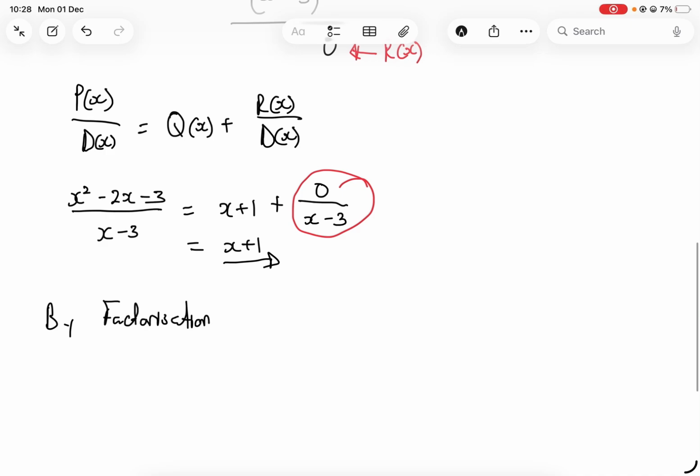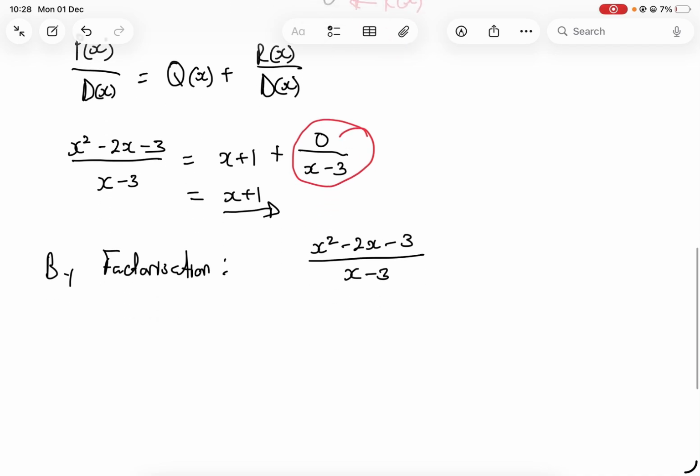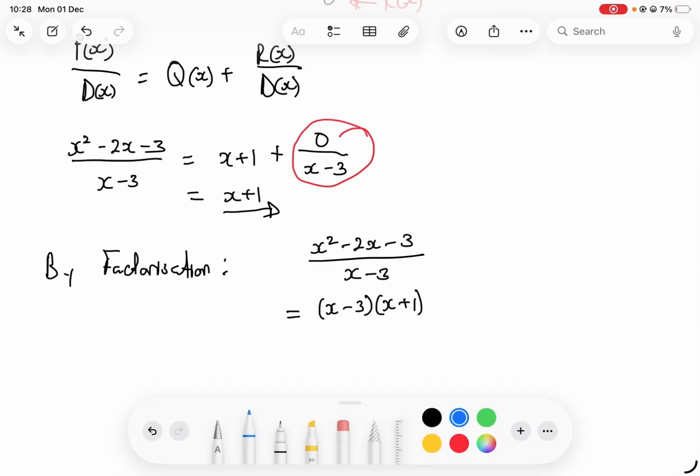By factorization, we had x squared minus 2x minus 3 over x minus 3. If we were to factor this, the factors of x squared minus 2x minus 3 have to be, I think, x minus 3 times x plus 1. Because if you multiply minus 3 times 1, I get minus 3.